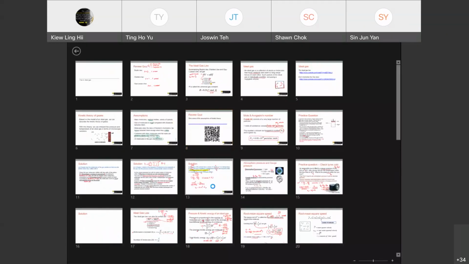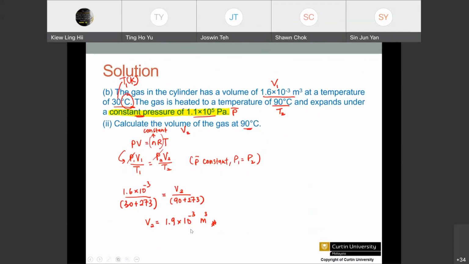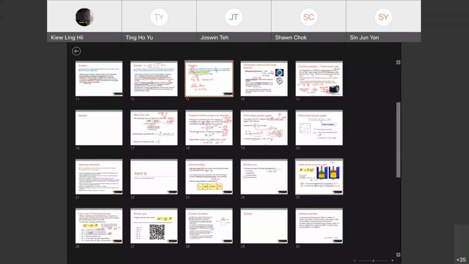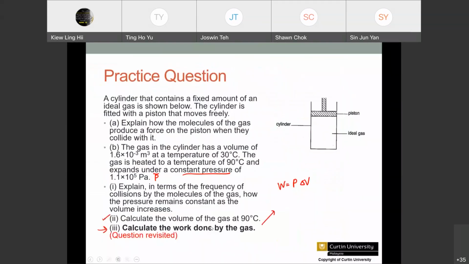V2 is 1.9 times 10 to the power of negative 3. V1 is 1.3 times 10 to the power of negative 3. So this is V1, and from our calculation, V2 is 1.9 times 10 to the power of negative 3.